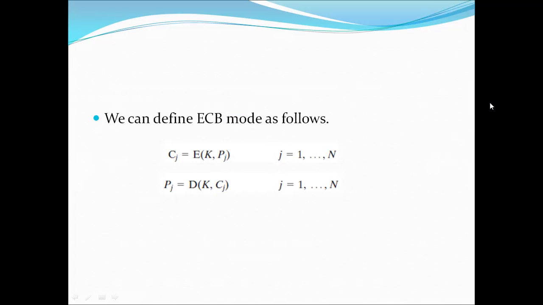The notation for decryption is the reverse: the plain text block Pj is equal to the decryption of the ciphertext block Cj under the same key, again with j from 1 to n.